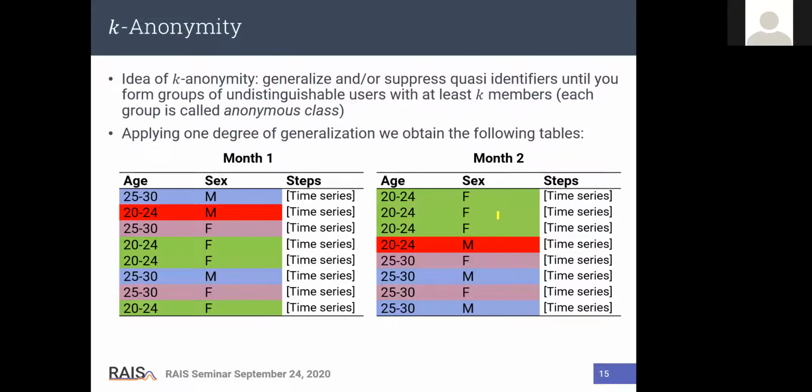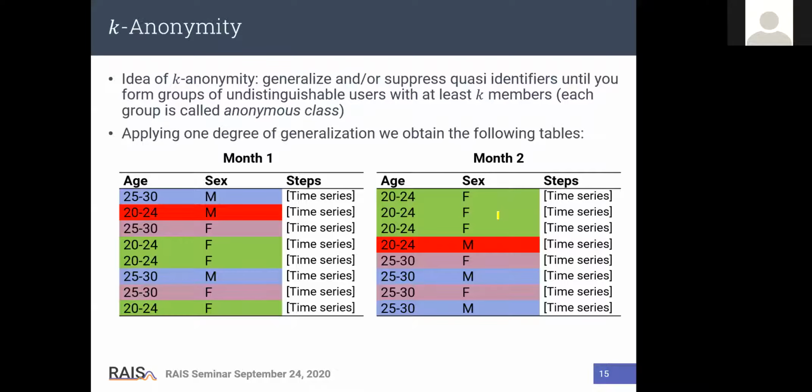And what do I mean with generalization? For example, instead of disclosing the exact value of the age, we can disclose some bins. Like instead of saying this guy is 26, we say, okay, he's in an age range which is between 25 and 30, or between 20 and 24.